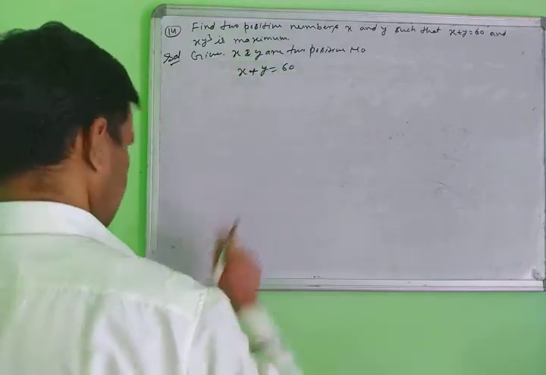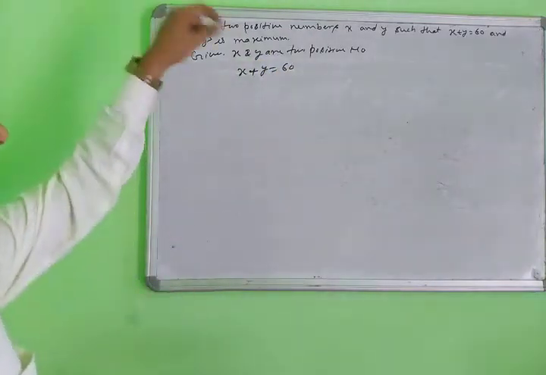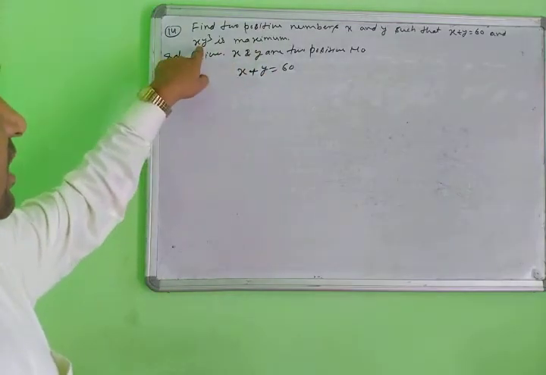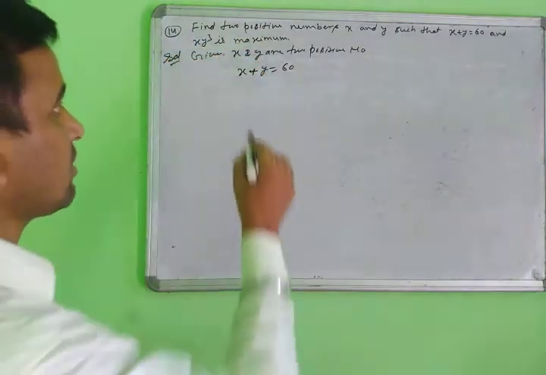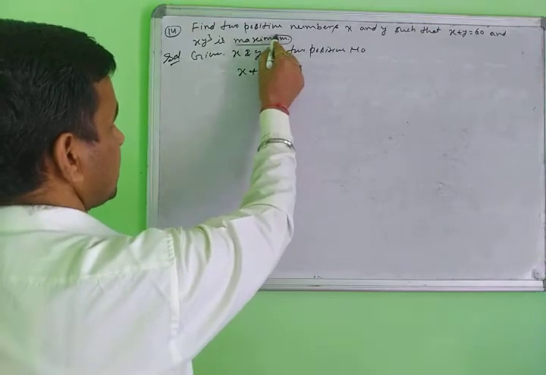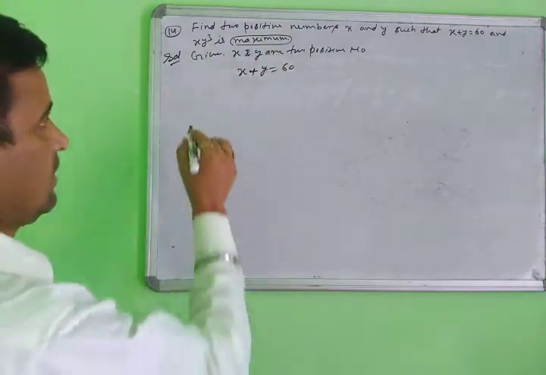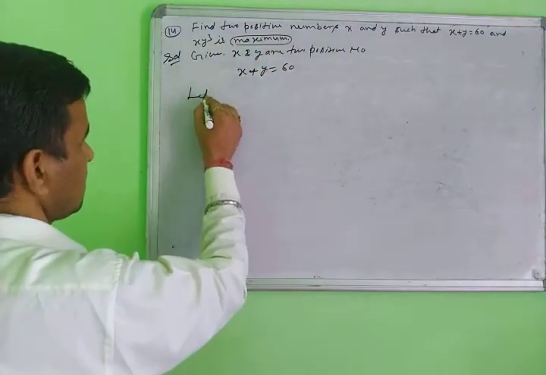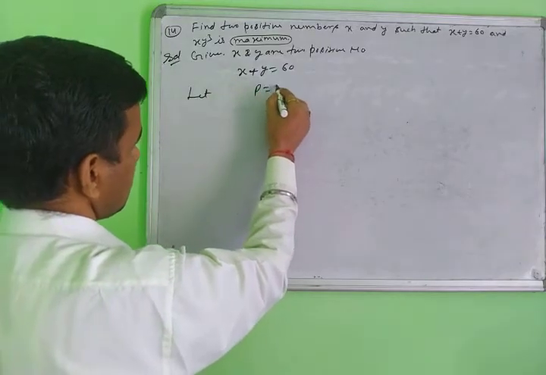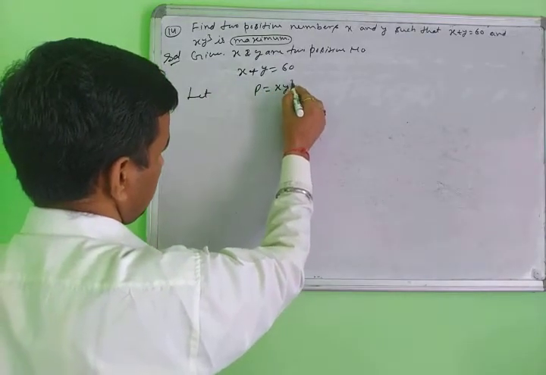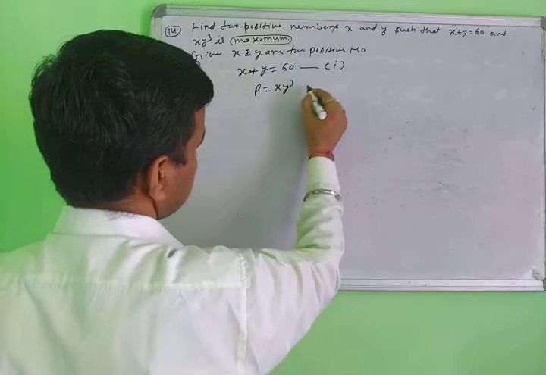And next, x y cube is the maximum. Let the value be p equal to x y cube. This is the first condition, and this is the second.